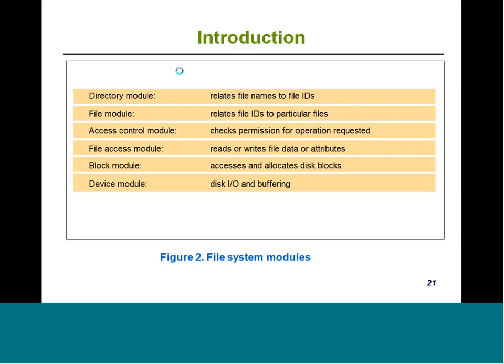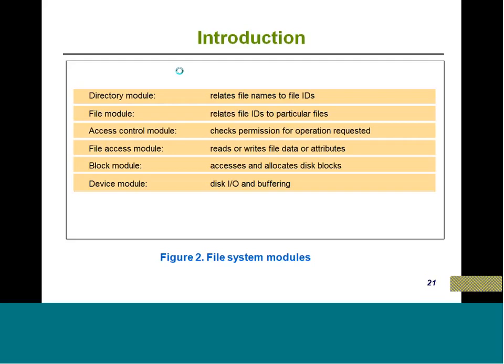And then the access control module checks for the permission of the operation that is requested. We also saw this in the beginning of lecture 2, where we could assign the files various properties or permissions, like read, write, execute. So the file access module checks for that. The block module accesses and allocates the disk block.